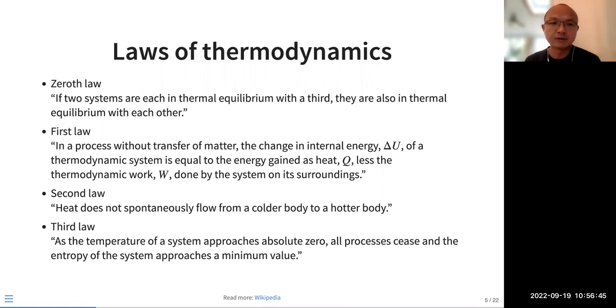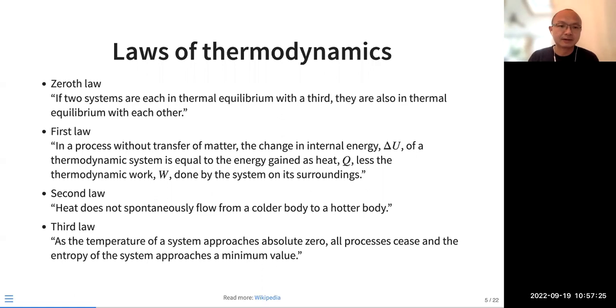And the first law, in a process without transfer of matter, the change in internal energy is equivalent to the energy gained as heat, less the thermodynamic work, which means your work cannot exceed the energy you gain from the heat, because you always have an energy loss in conversion.